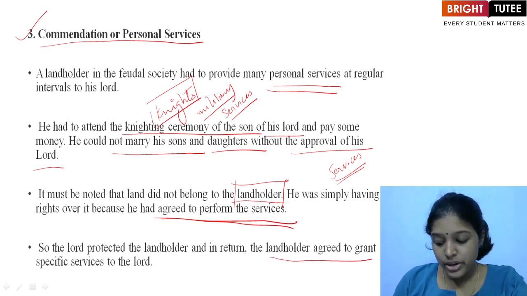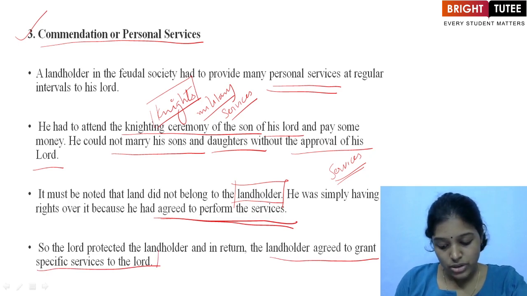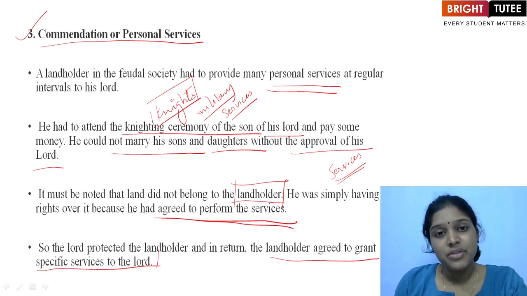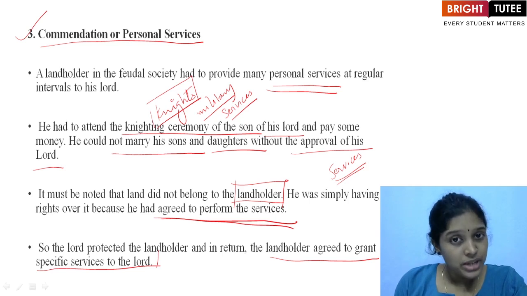And the landholder agreed to grant specific service to the lord. So this is a give and take which is happening. This is how the social relationship between a lord and a tenant happens: the tenant gives services in different ways, and as a return to the service, the lord gives them protection.